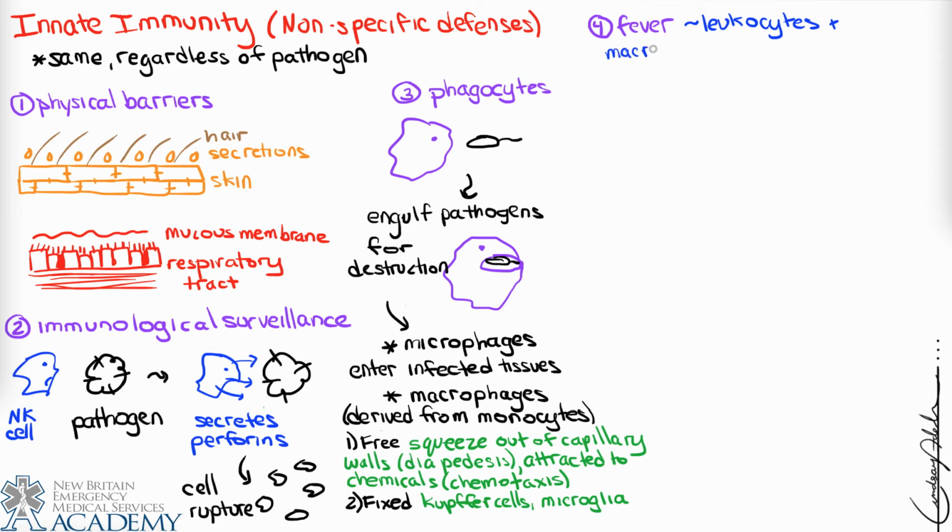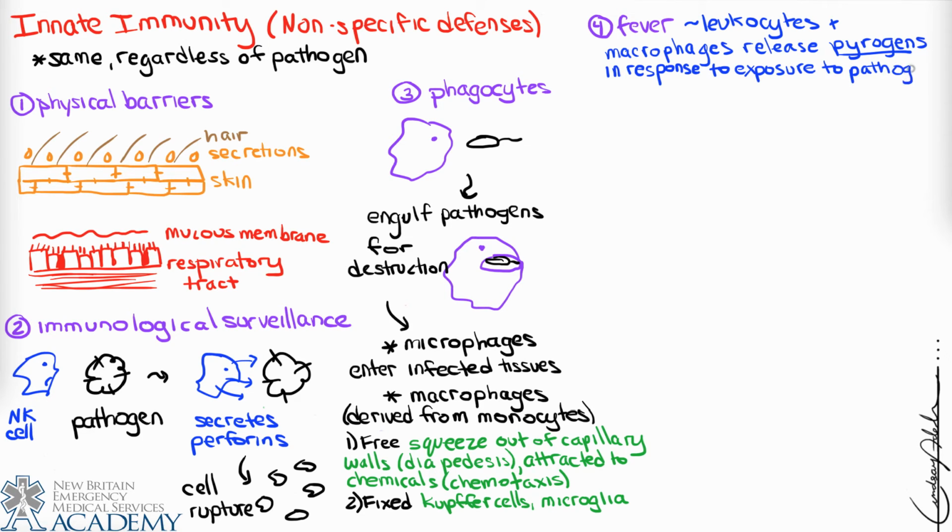The next example of a nonspecific defense is fever. Just like the cells of the body, there are opportune temperatures for which pathogens can survive. And so one of the things the body will try to do is raise the body temperature to kill off some pathogen that's present.